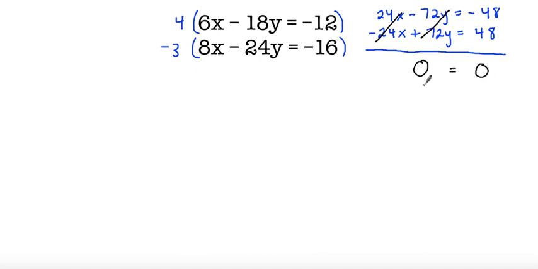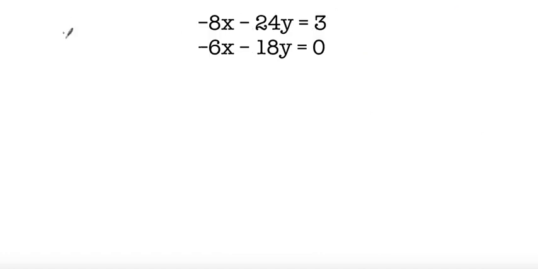So here, any number I substitute in for x and y will work. These two have infinitely many solutions because they're the same equation. So here I have infinitely many solutions.